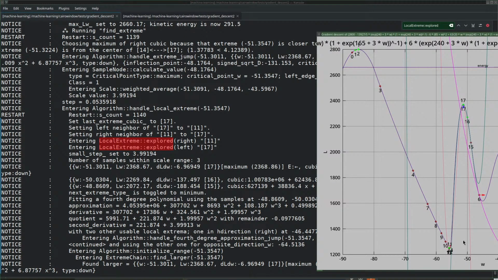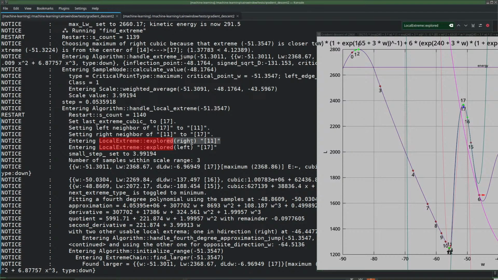No, it's not. Shit. 17 is explored to the left. This is not explored to the right, because the solve minimum doesn't count for itself. Rather, we have two types of solve minimums, I think.